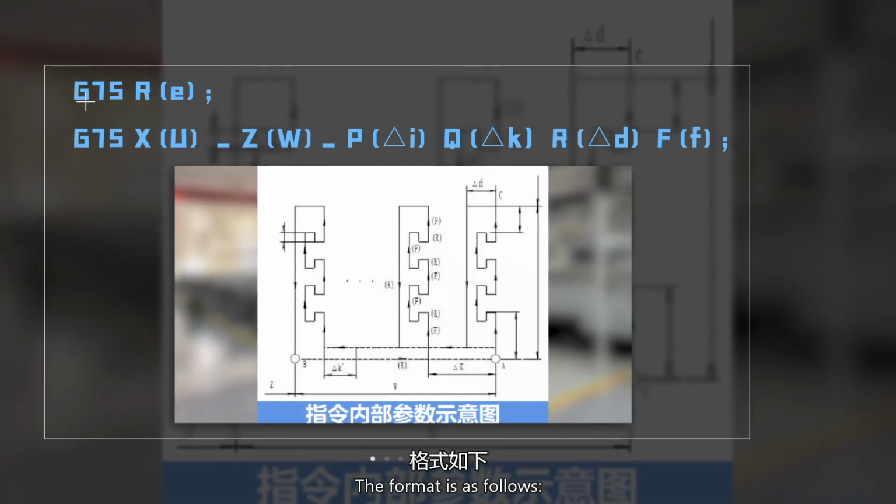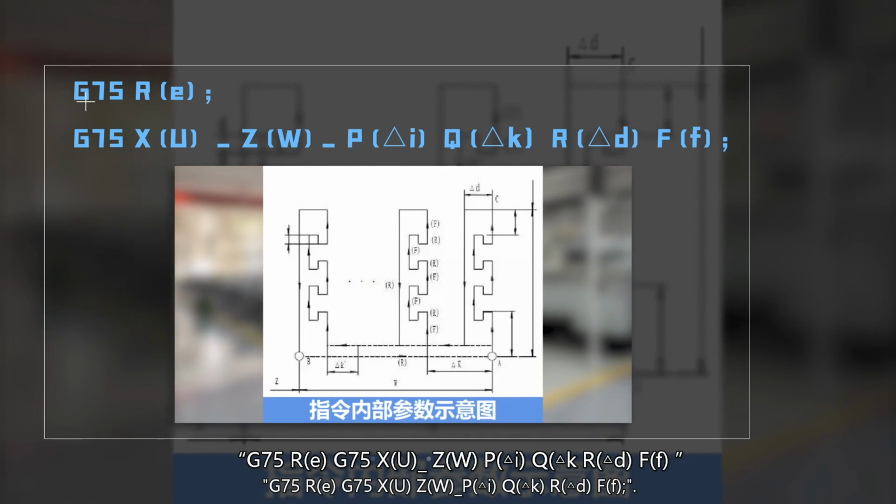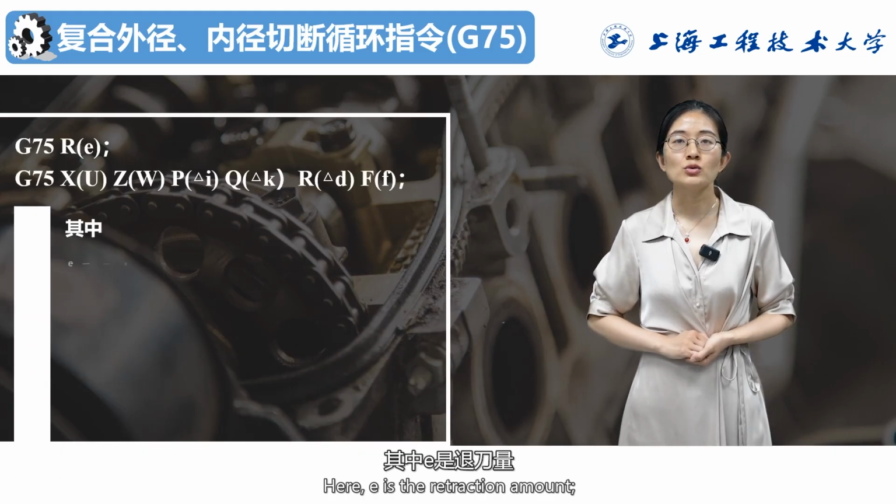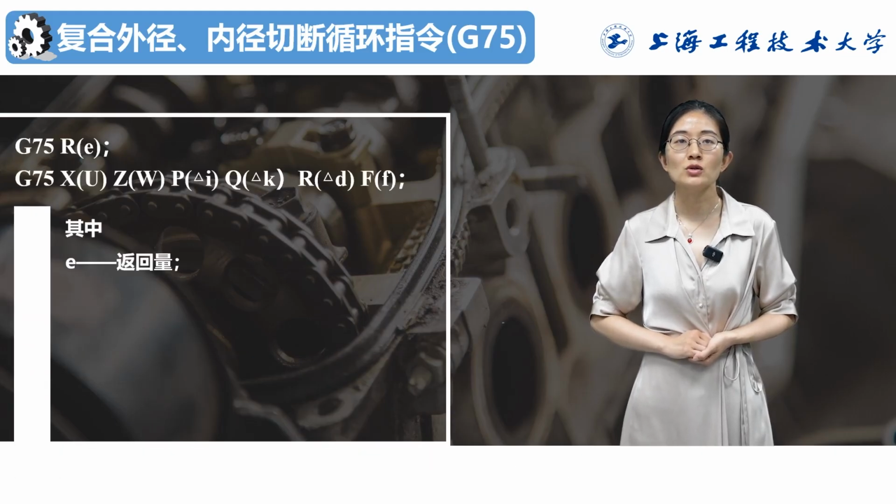The format is as follows: G75 R(e); G75 X(U) Z(W) P(Δi) Q(Δk) R(Δd) F(f). Here, e is the retraction amount.